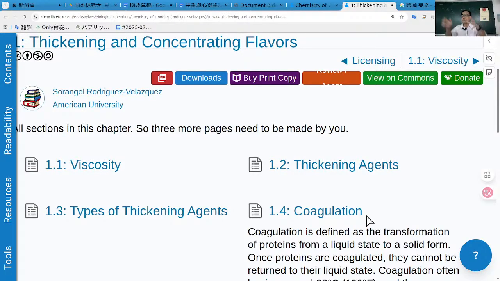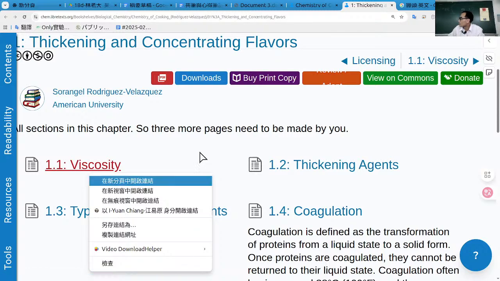You just put everything together and heat it, then all the stuff becomes very sticky, and we call that coagulation. But the technology is very complicated. There are several ways. First one, coagulation from heating polysaccharides, or it can be done by adding some calcium ion. Okay, let's move to the first one. Viscosity.